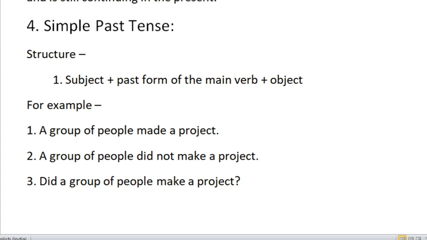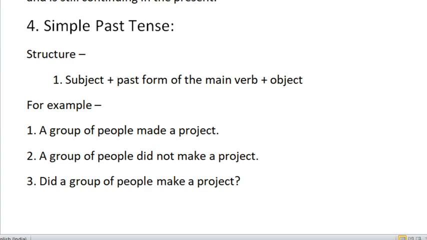And how will we convert this sentence into verbal? Now, a group of people made a project. This sentence I am going to change into verbal. I told you recently that we can create a verbal sentence by interchanging the places of subject and helping verb. But in the sentence "a group of people made a project", there is no helping verb.